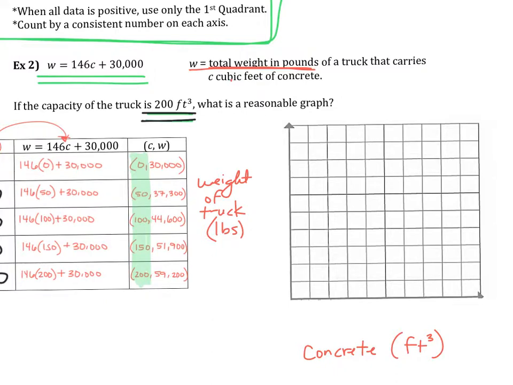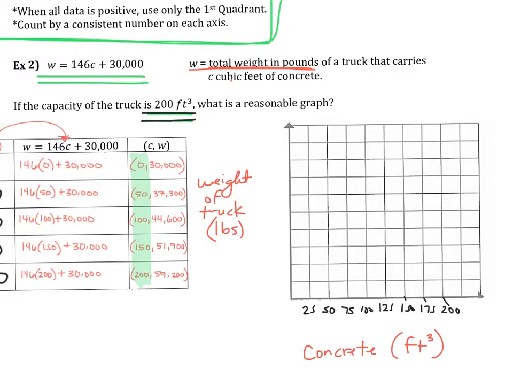I'm going to count by 25 merely for the fact that things don't end up on top of each other then, but it would not be wrong to count by 50s. So I'm going to go 25, 50, 75, 100, 125, 150, 175, 200. Sorry, that's kind of difficult to see.